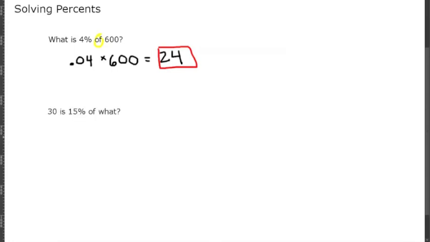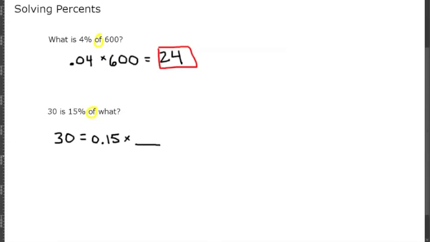Now let's say, 30 is 15% of what? Remember, think of this as multiplying. 30 equals 15%, so convert the 15% into a decimal, so 0.15, times some number that we're solving for.